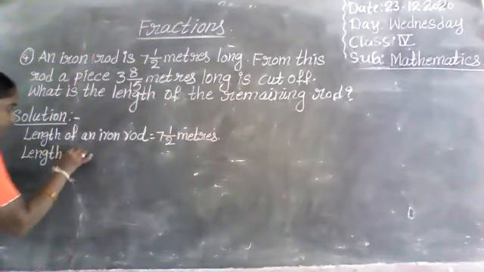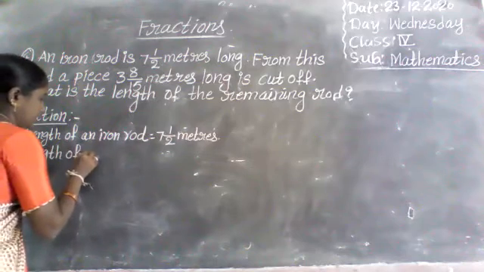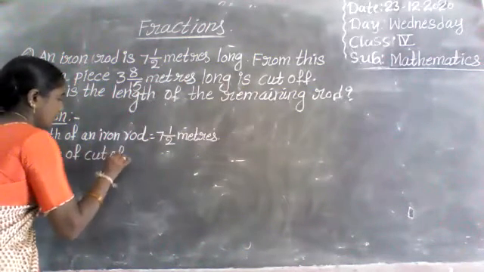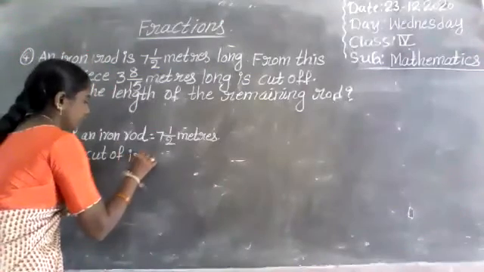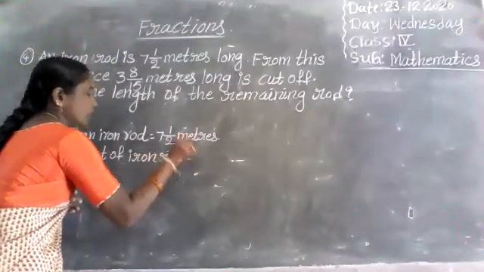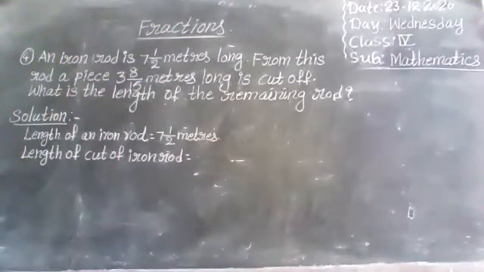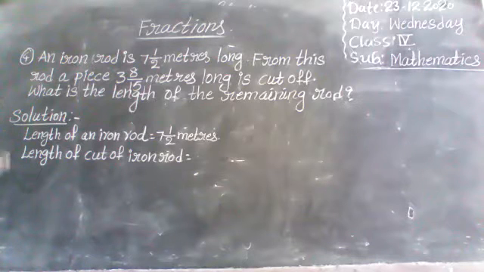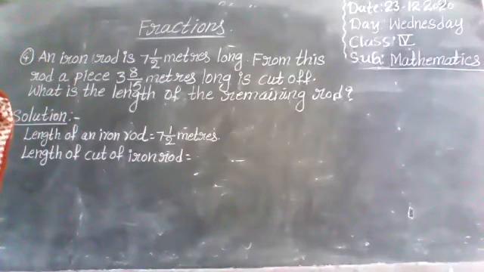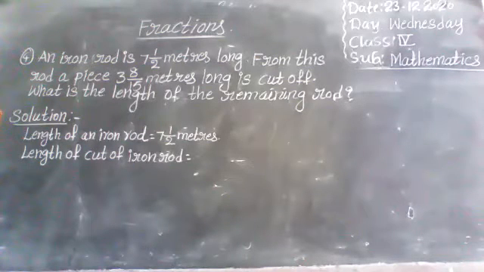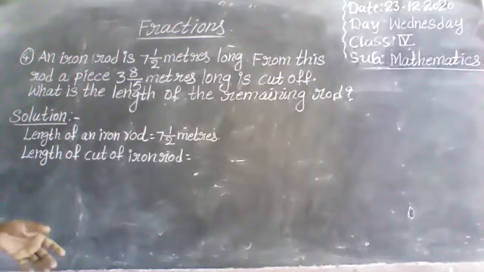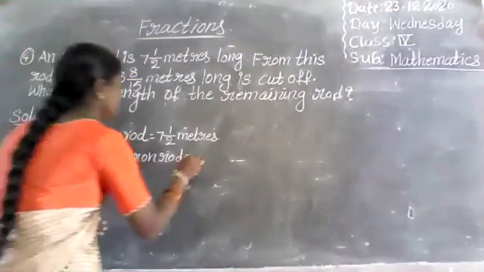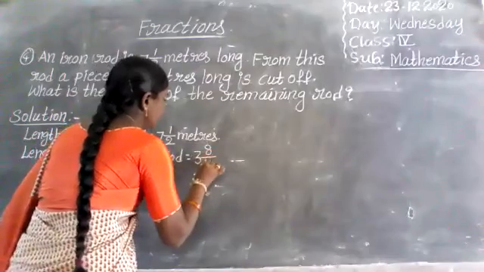Length of cut off iron rod equals 3 whole 8/15.